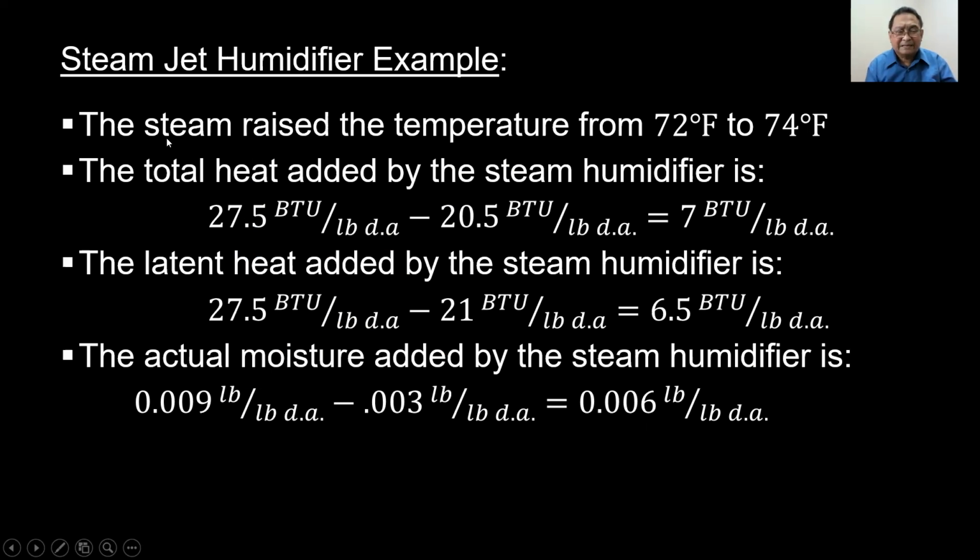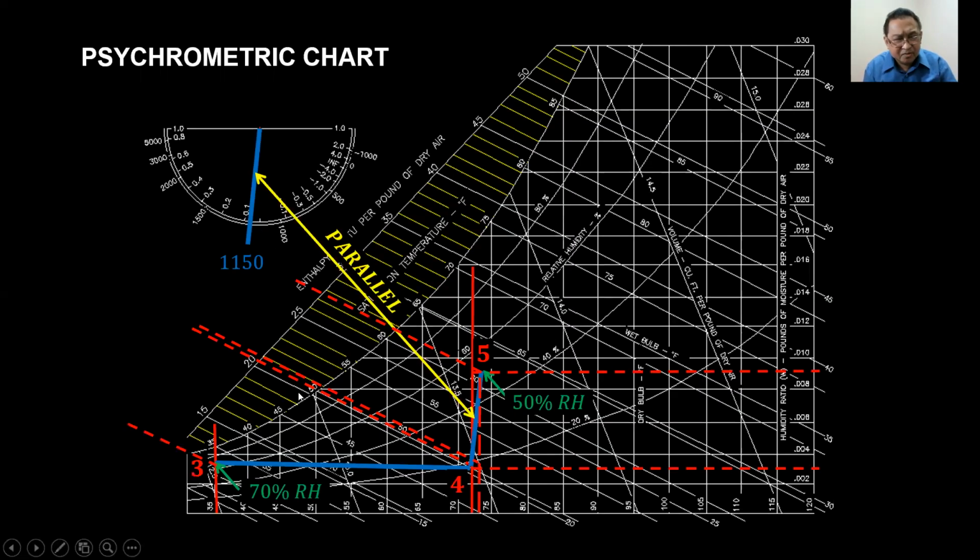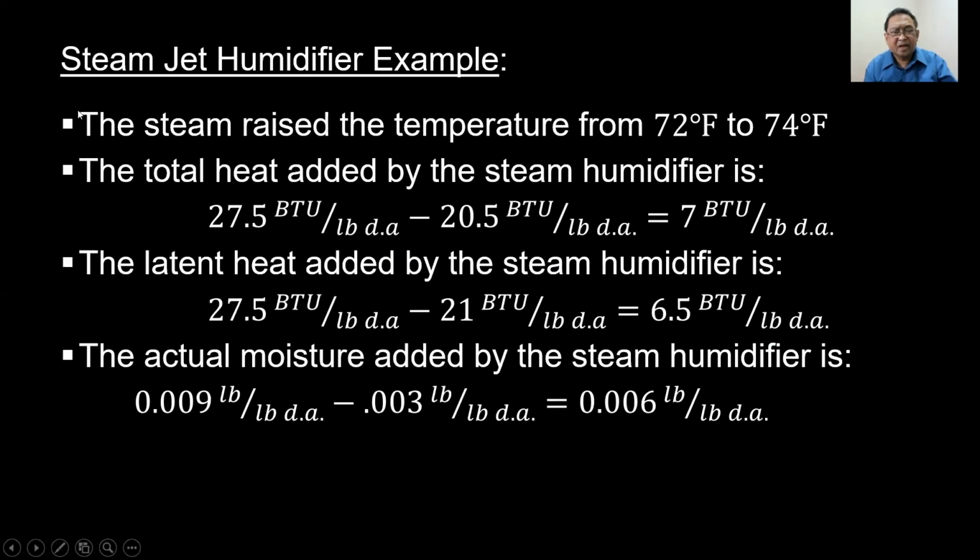The latent heat added by the steam humidifier is 27.5 minus 21. Yeah, this one here is 21. So 27.5 minus 21 represents the latent heat added.